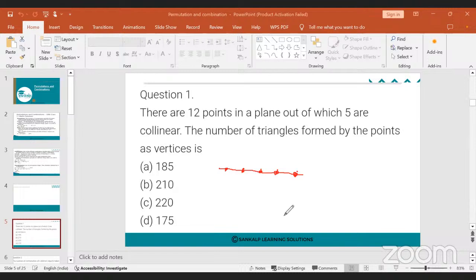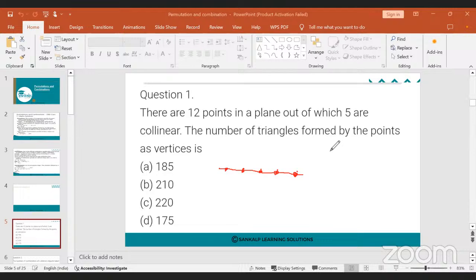Suppose I give just a hint. If we are making triangles with the help of 12 points, imagine that none of them are collinear, which means all 12 points are non-collinear. Here the condition is given, but think that all 12 points are non-collinear. So what is the formula?